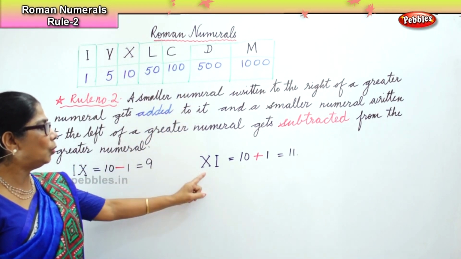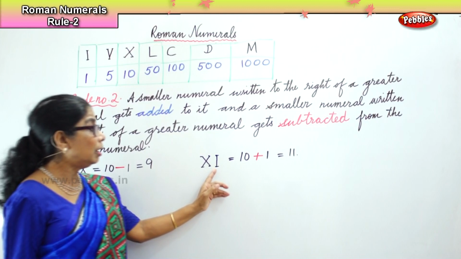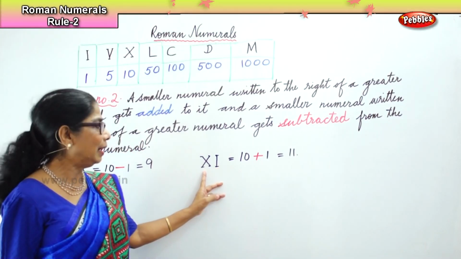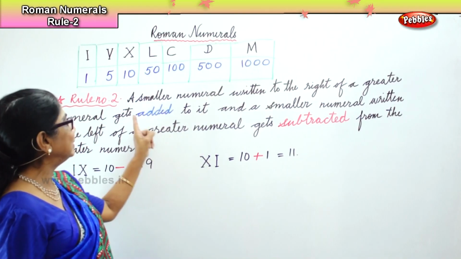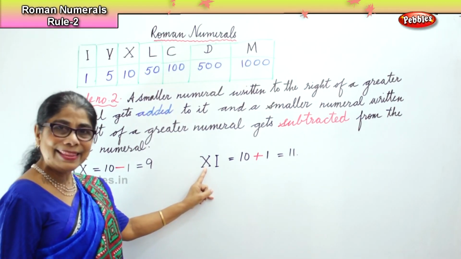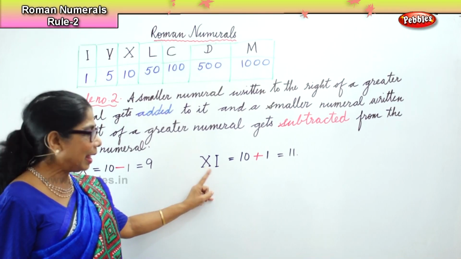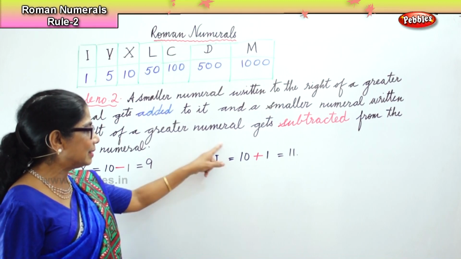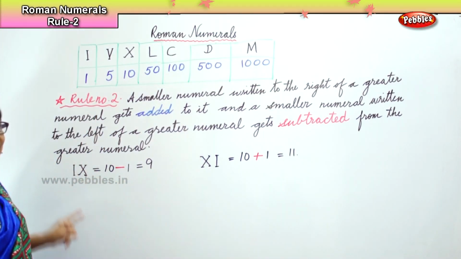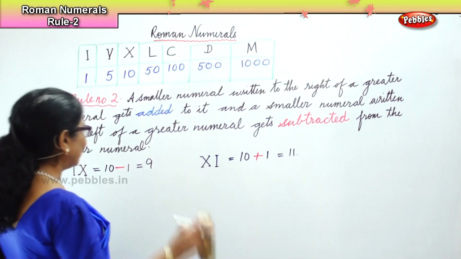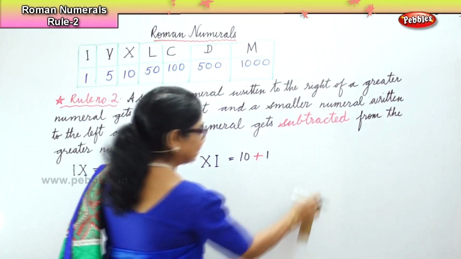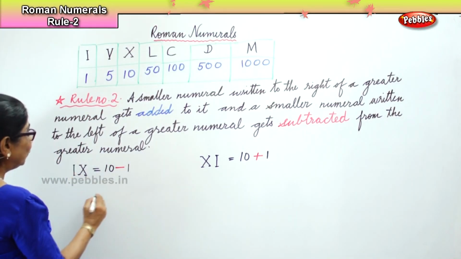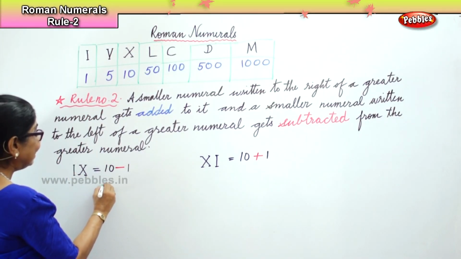But according to the rule here, a smaller numeral written to the right of the greater numeral automatically gets added. So 10 Roman numeral and 1 Roman numeral, 10 plus 1, 11. So we read this as 11. We read this as 9. Okay? So, how do we read this number? Now, in Roman numeral, we read this as 9.